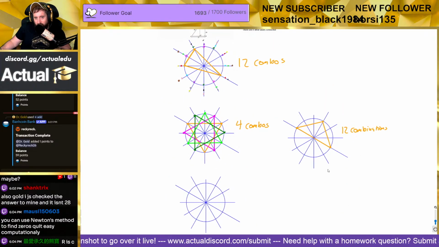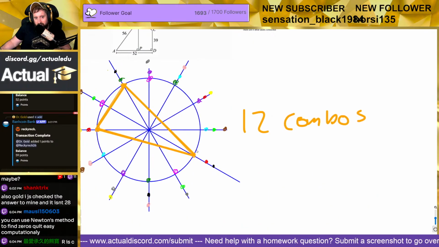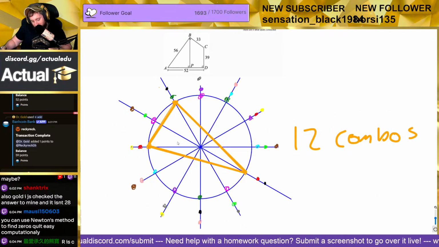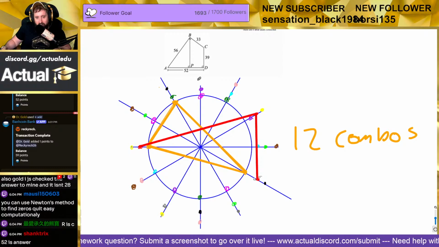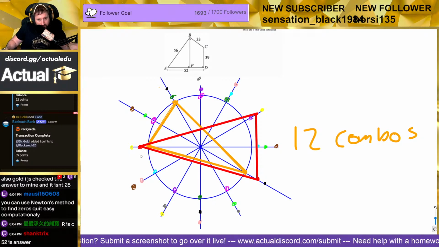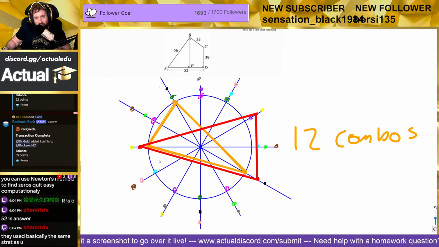I feel like we made lots of pretty things here. Which ones are we missing? I'm gonna keep drawing pretty shapes. $52 is the answer? Excuse me? Okay, but how'd they get 52?